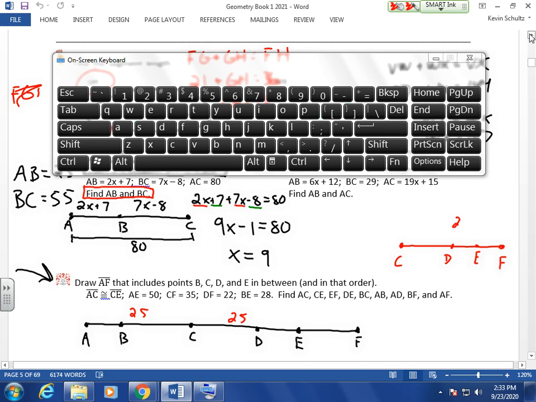CF, the whole thing, is 35. I know that CE, based on what we've already talked about, is 25. What other piece of information can I get from this?